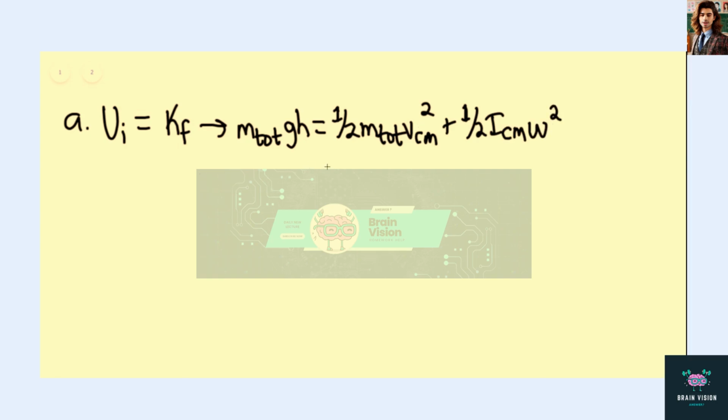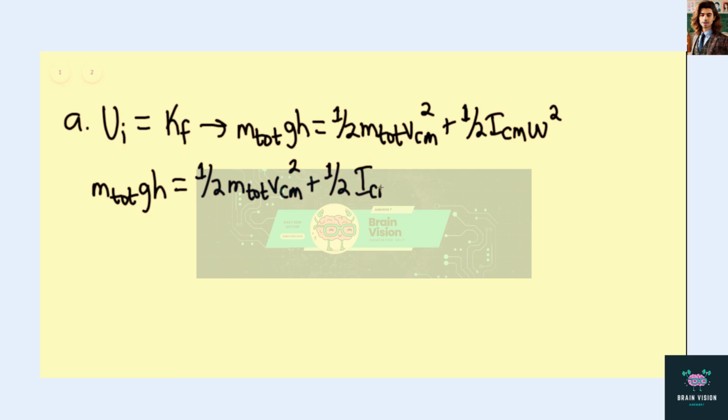So the total mass times g times h equals 1/2 times the total mass times the velocity of the center of mass squared, plus 1/2 times the moment of inertia through the center of mass times the velocity of the center of mass divided by r, quantity squared.